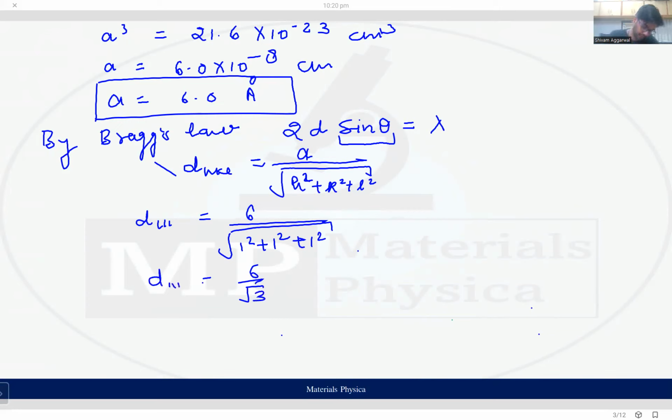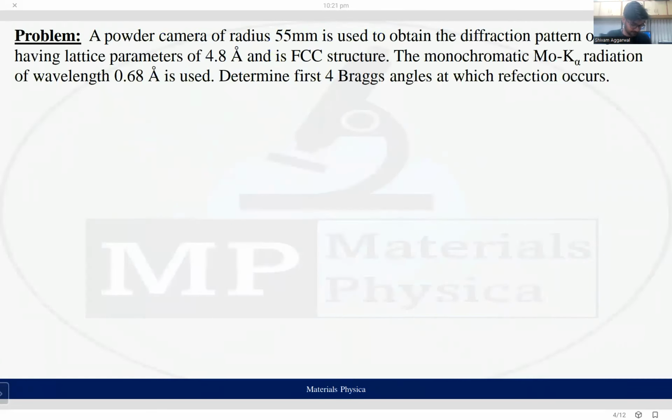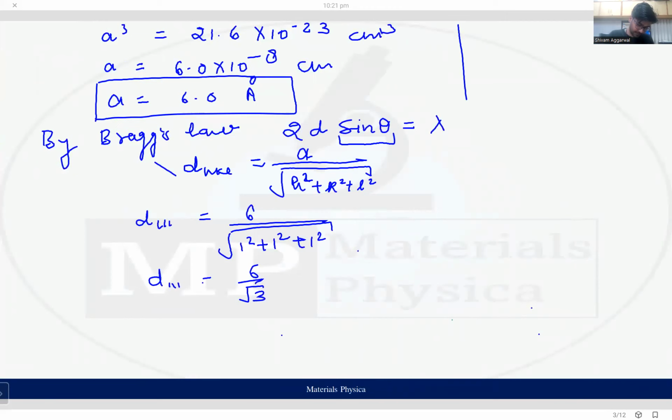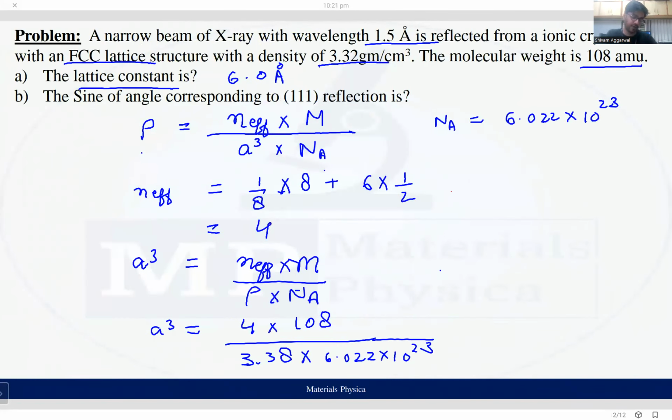Now, when we put all these values in the formula, we get 2 into 6 over root 3 into sine theta is equal to lambda, which is given in the question as 1.5 angstrom.